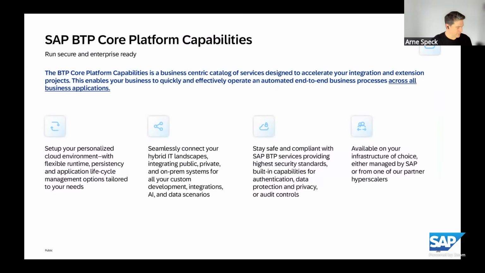Now, coming to the last topic here, very briefly, that is the core platform capabilities. It's about handling and operating this part of the platform in your company to make sure that the lifecycle management on the one hand side of your applications is working, but on the other hand side, also on the infrastructure itself, right?